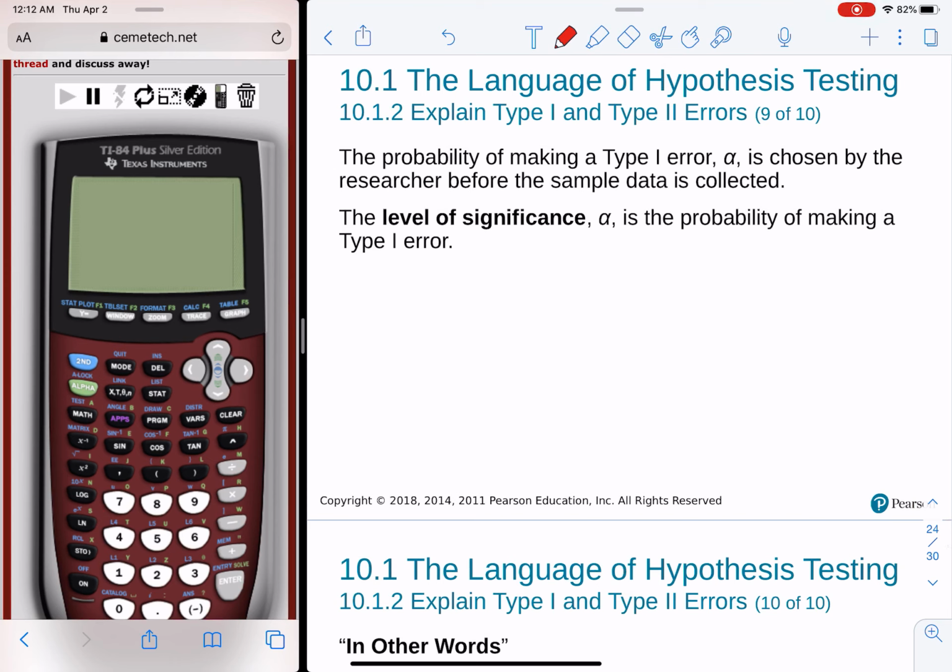So the amount of type 1 error that we want to make in our conclusion is always chosen by the person who is conducting the research, and it is usually done before a sample is collected, and alpha has a very specific name. It is the level of significance.